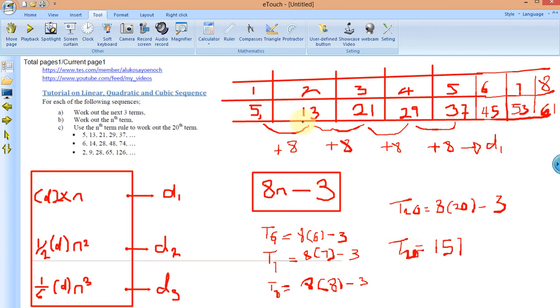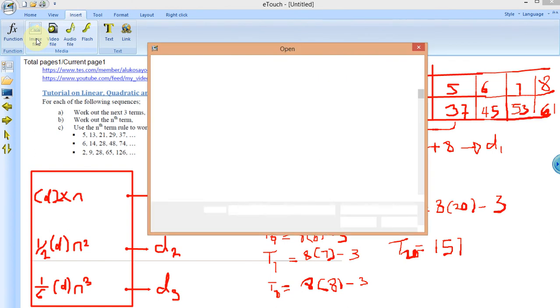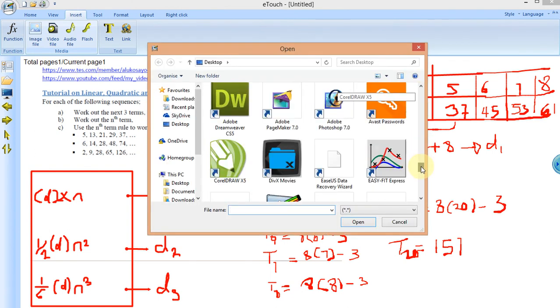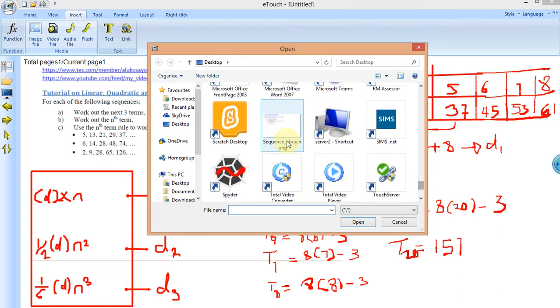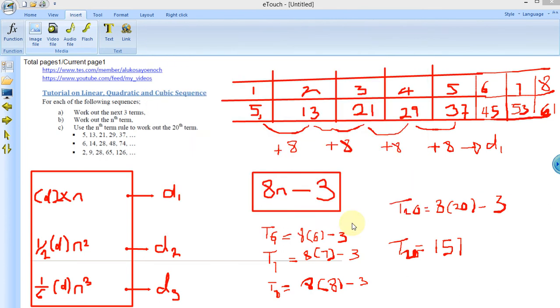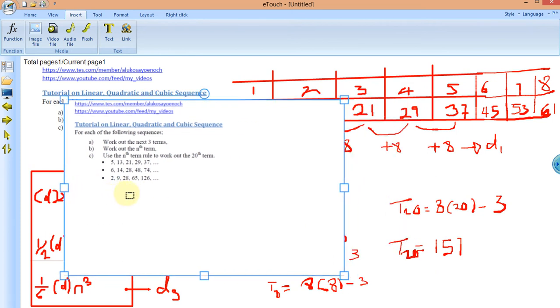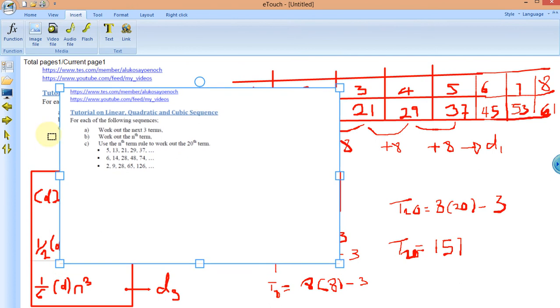Let's go with the next question, the second question. Okay, but we need to import this again. Okay, insert image. I'll just place it on it, and I can make reference to this first question again if need be. Okay, so I can't wipe the board like that. Can I make it bigger now? Yeah.